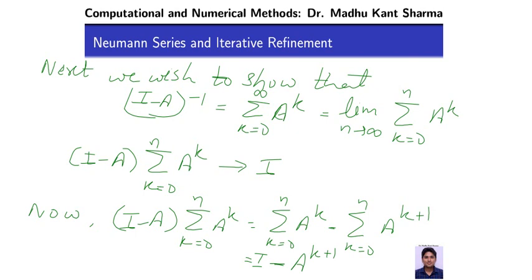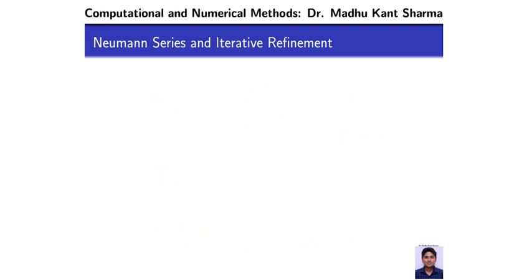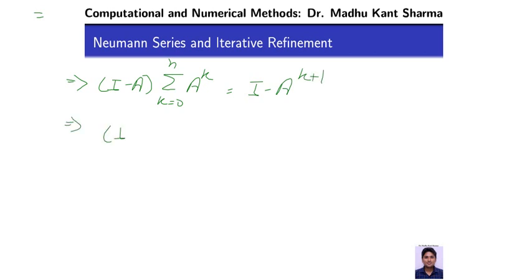This is going to be this. Now this implies (I minus A) times the sum over k equals 0 to n of A^k is equal to I minus A to the power n plus 1. Now this implies (I minus A) times the sum over k equals 0 to n of A^k minus I.